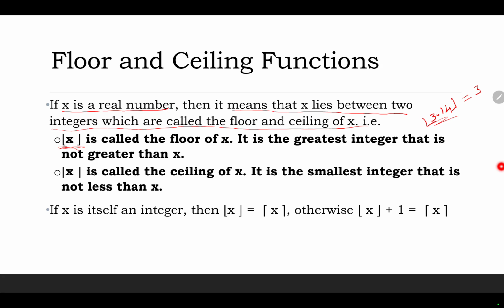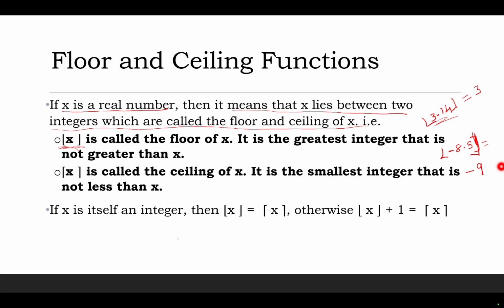And the ceiling of x is the smallest integer that is not less than x. For example, the ceiling of minus 8.5 is minus 8. It is the smallest integer that is not less than x.